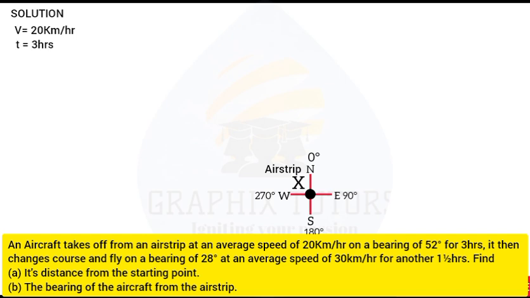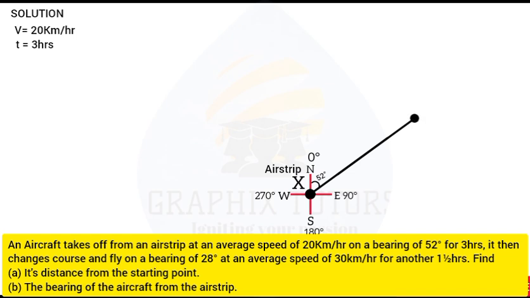So the most important thing you need here is the direction, which is in degrees. So you say 52 degrees. If you start from 0 degrees here, 52 degrees falls from here to here. You measure with your protractor, or you can just use your normal idea. Can you see that?